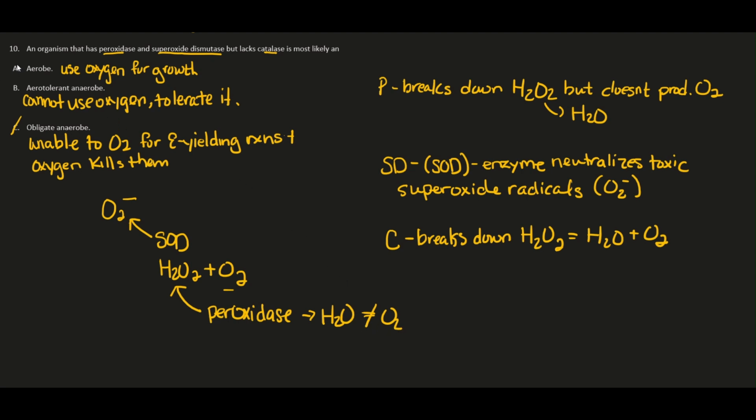But we need oxygen for aerobes, so the answer would not be A. What we're left with is B, which is the correct answer. Now, it cannot use the oxygen, but it can tolerate it, and oxygen is present here, and so aerotolerant anaerobes can tolerate the oxygen, but it just won't be used by them.